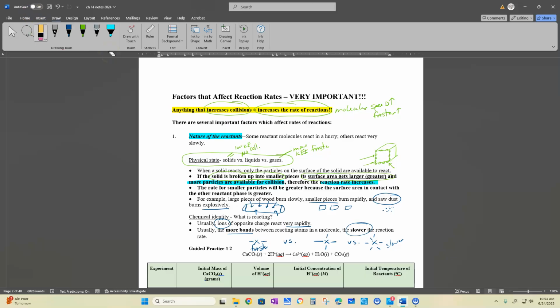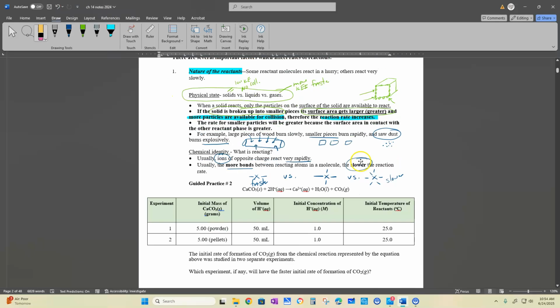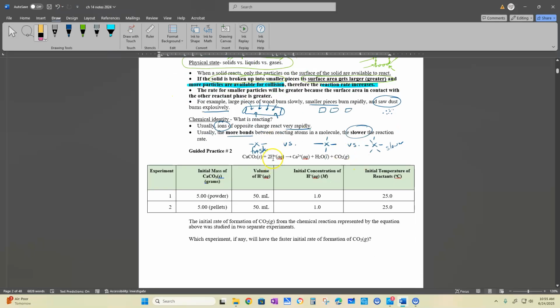So let's look at some examples. Say I have calcium carbonate solid, and I add some acid, some H+, and then I get the following products. I have powder versus pellets. So notice what's different. I always like to keep track of what's different. The volume of the acid is the same. The concentration's the same.